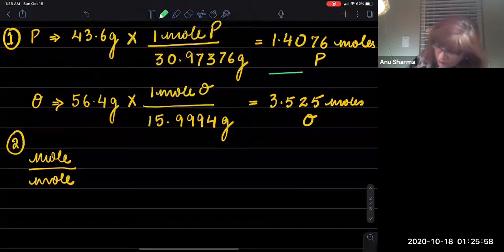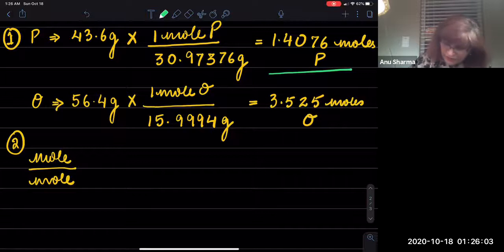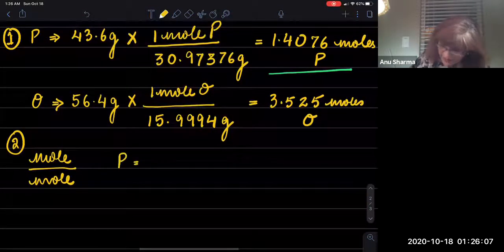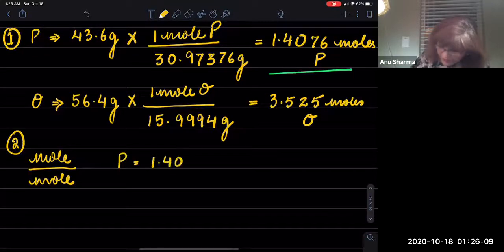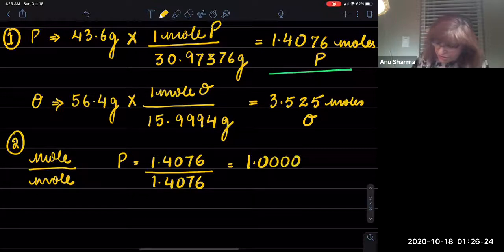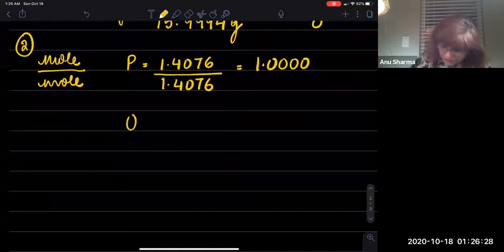So first, phosphorus is 1.4076 divided by 1.4076. That equals 1, or 1.000 to be more exact.